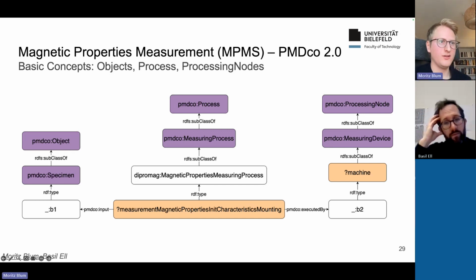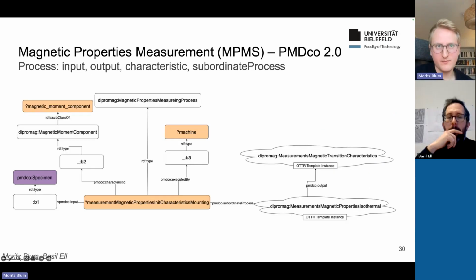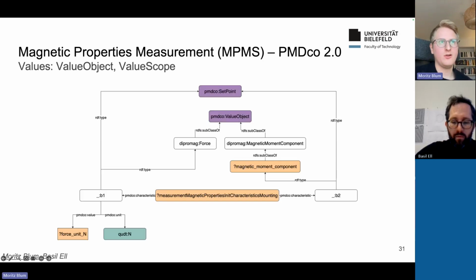The input is a specimen, so an object, and it's executed by a certain machine that is a processing node. We also model processes according to the PMDco, and we are also using value objects and value scopes here.